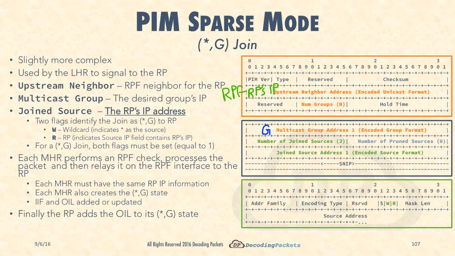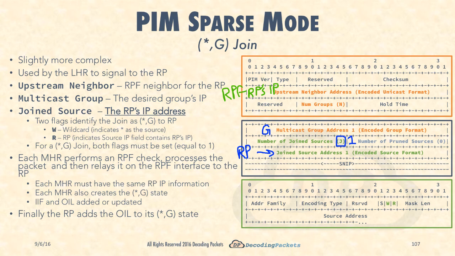But the join source now happens to be the RP's actual IP address. So suppose, once again, skipping through the number of join sources, suppose this was 1. Then this address here is the RP's IP. So the RP's actual IP address populates the join source address field.